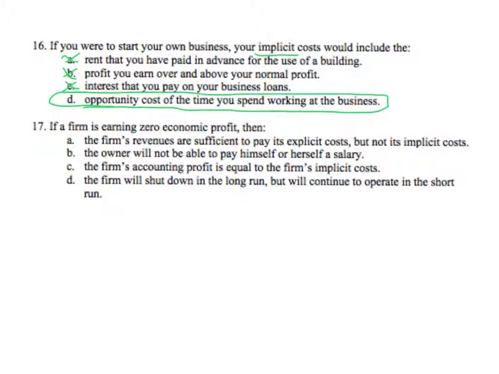All right, number 17. If a firm is earning zero economic profit, then what can we assume? The firm's revenues are sufficient to pay its explicit costs, but not its implicit costs? No. In economics, we count explicit revenues, implicit revenues. That'd be the pleasure you have working a job that you love.